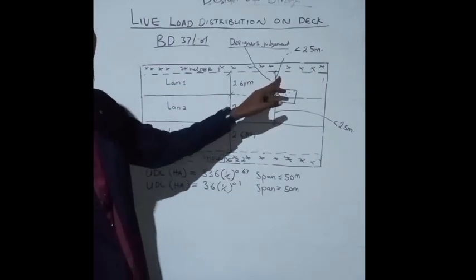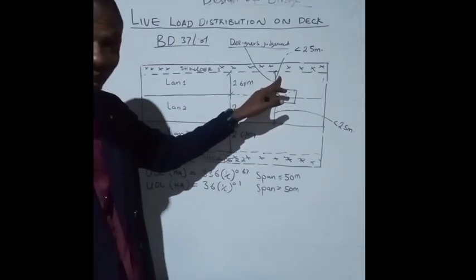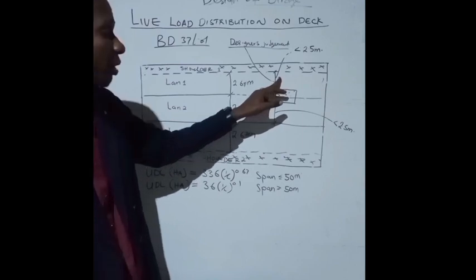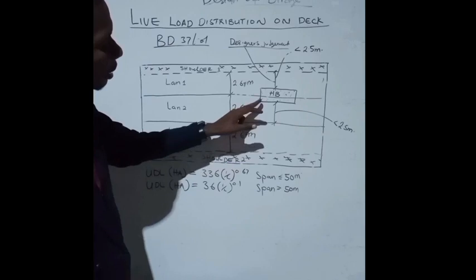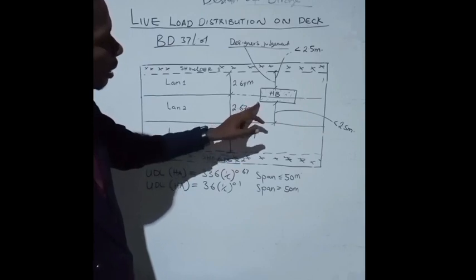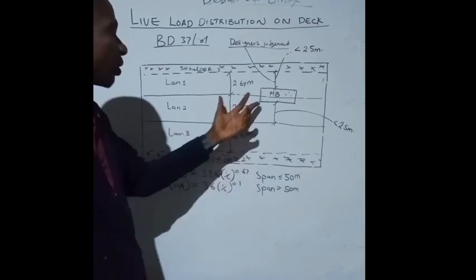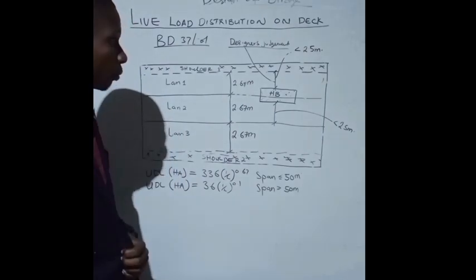Of course, if you ask me, I will say we can leave here to the 200, the 300, whichever you choose. Now, the next thing we're going to be looking at is to what proportion it straddles into the second lane, which is lane 2.